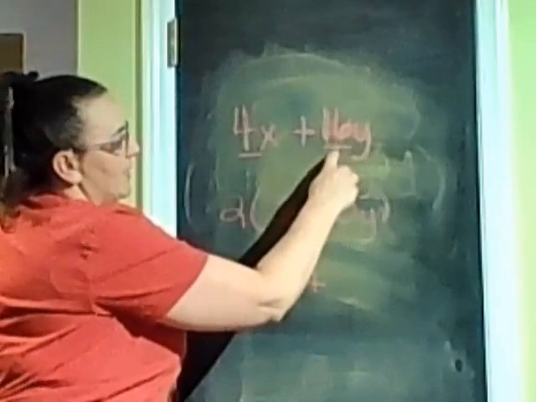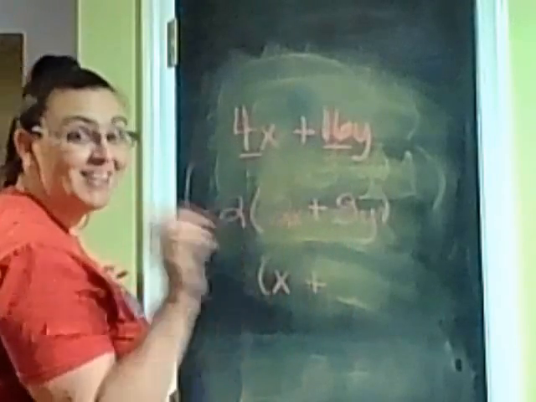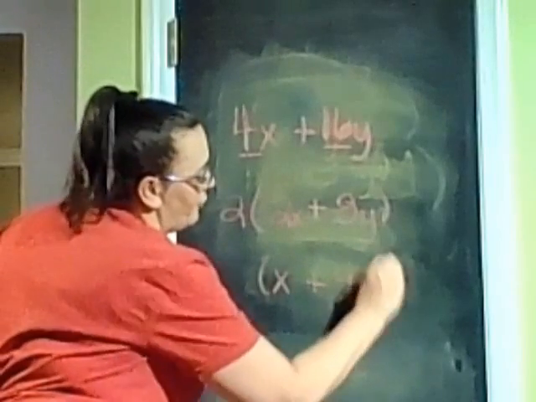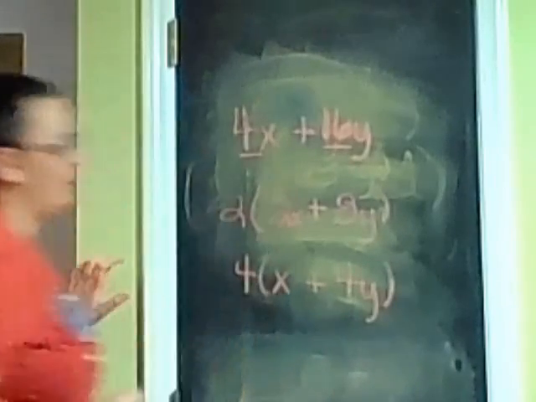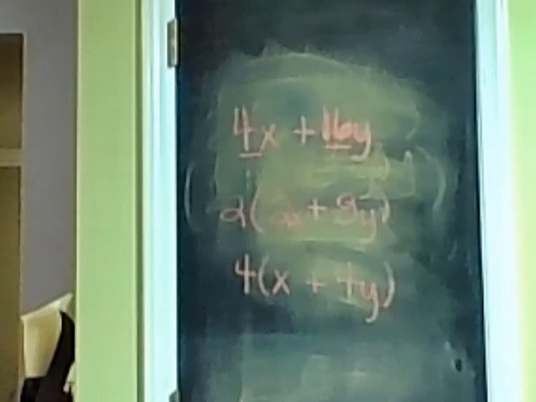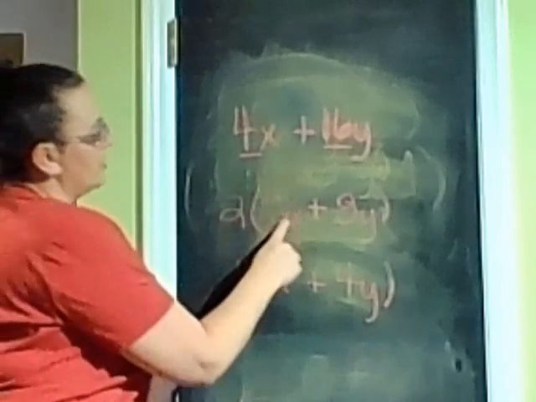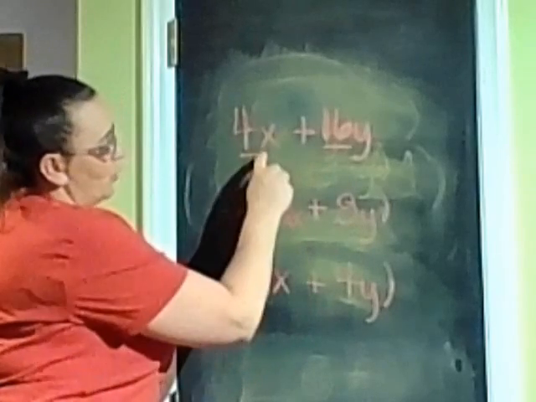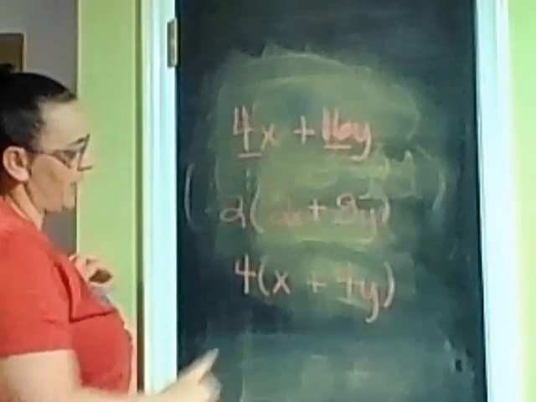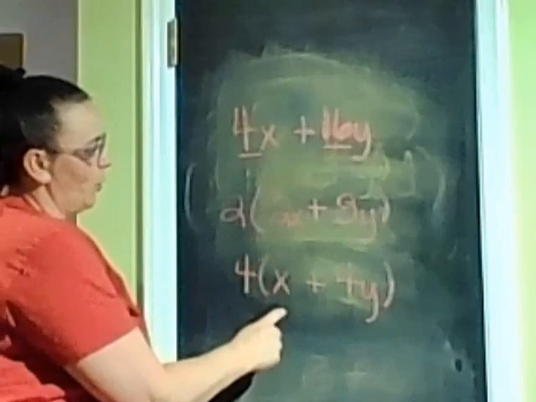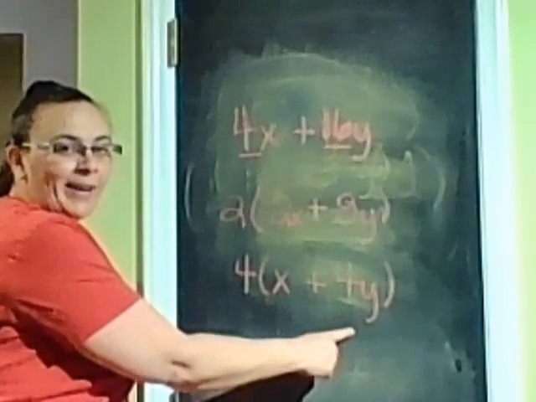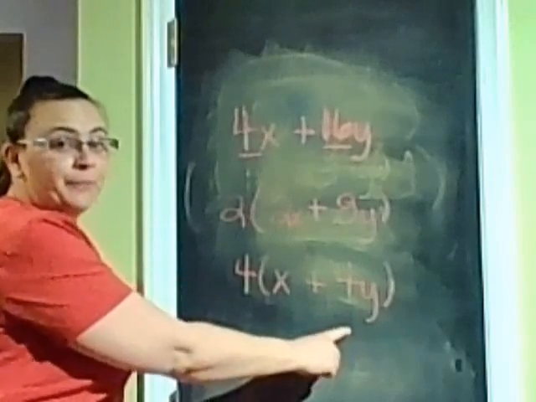Plus, and what was 16 divided by 4? 4. So that leaves us with 4y and 4 on the outside. And I could check these. I could say, okay, 2 times 2 is 4, and 2 times 8 is 16, which would give me what we started with. Same here, 4 times x is 4x, 4 times 4 would give me 16y. And it all works out.